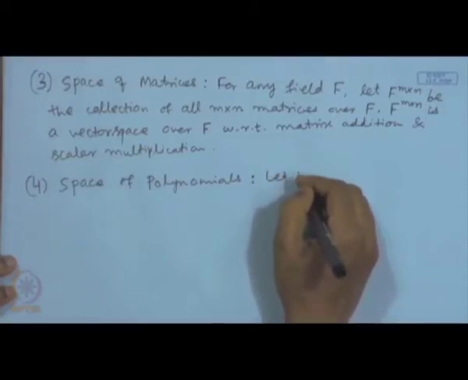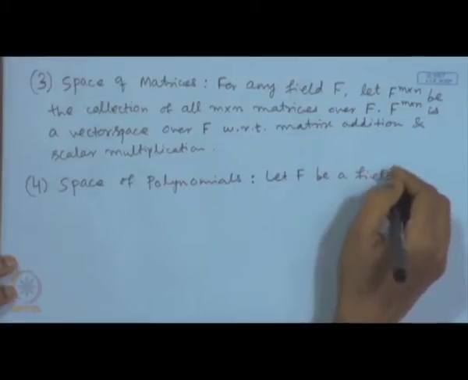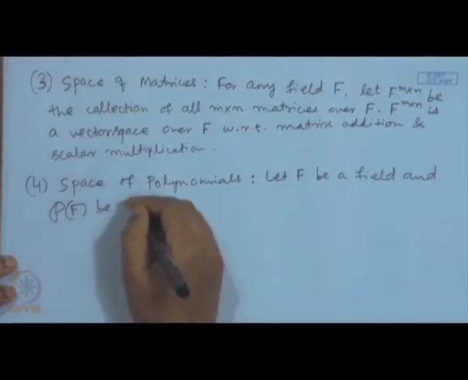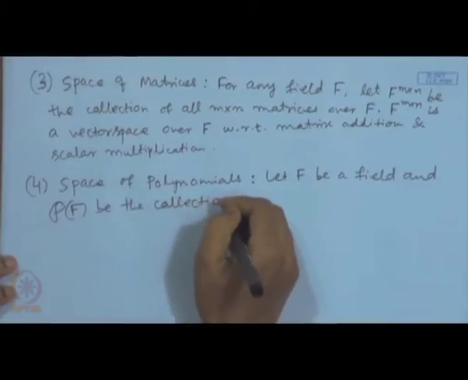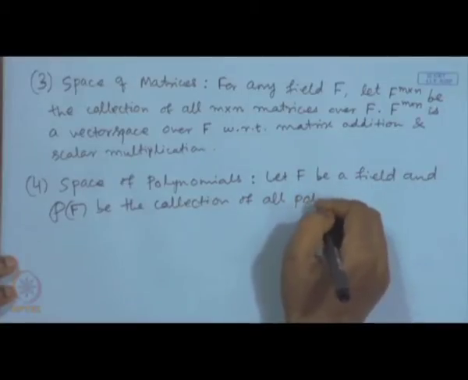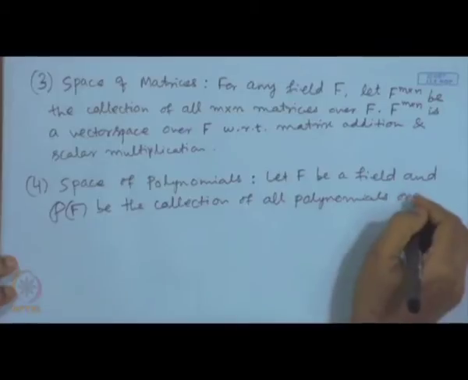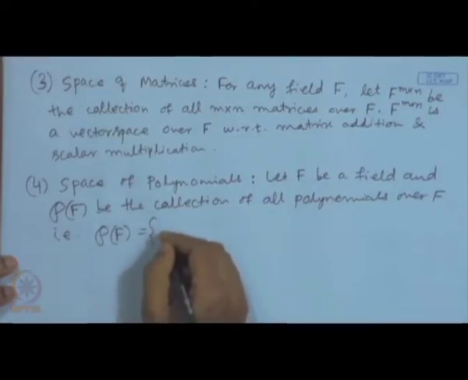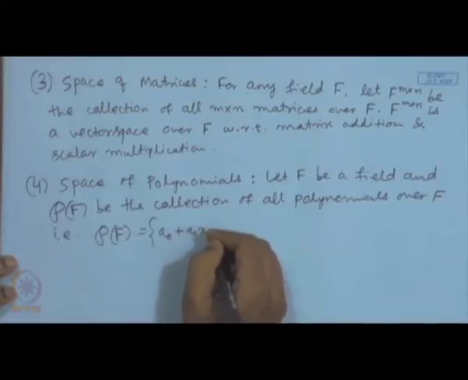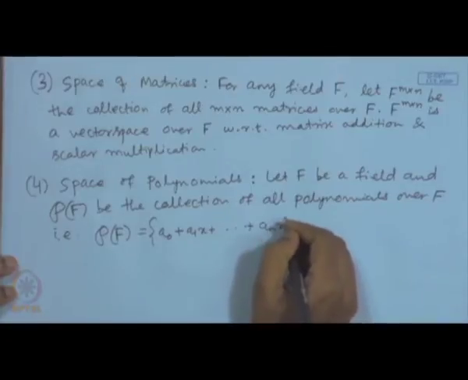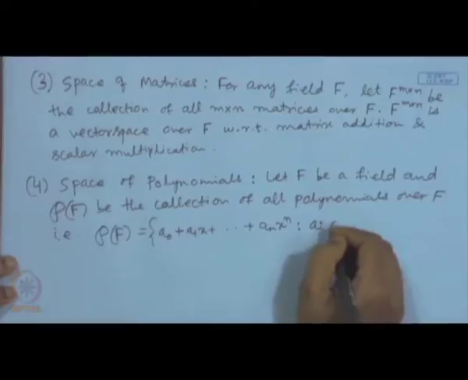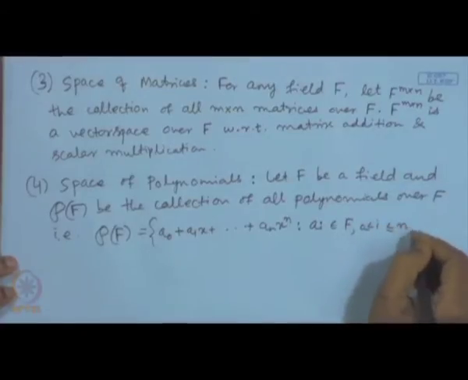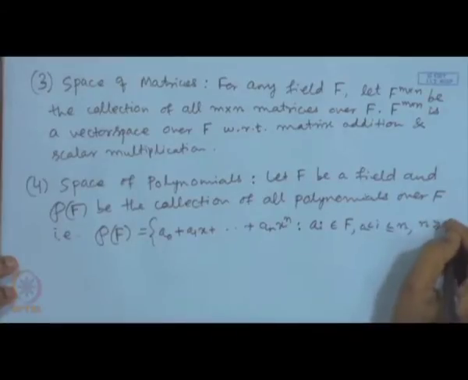Let F be a field and P F be the collection of all polynomials over F, that is, P F is the set of all polynomials like a0 plus a1 x plus ... plus an x to the power n, such that each ai comes from this field F for i greater than or equal to 0 and less than or equal to n, and this n is an integer that is greater than or equal to 0.